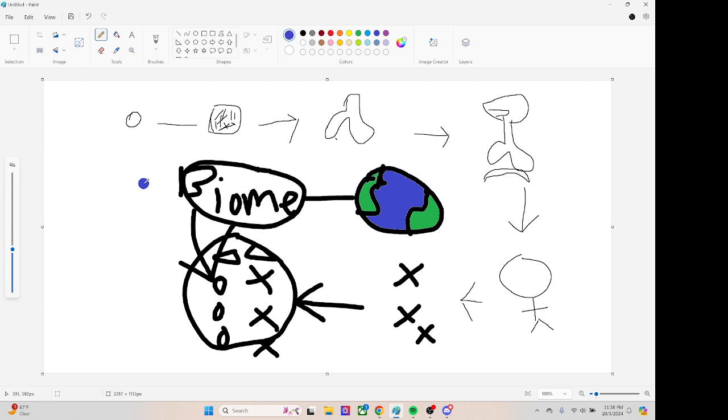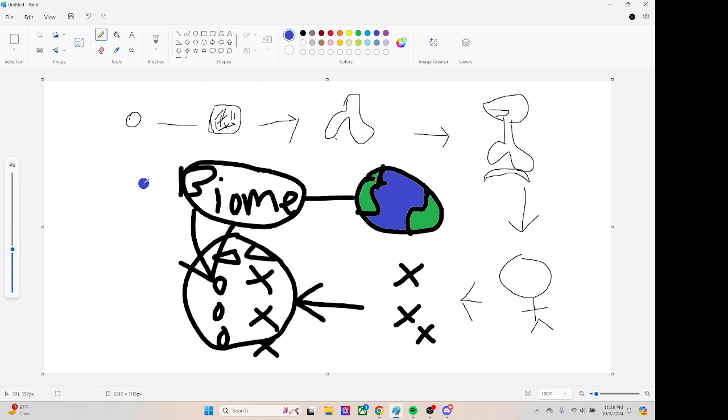So a population is a group of individuals of a single species that live in a specific area, right? A community is a bunch of organisms that live in a particular ecosystem. The ecosystem is all the living and non-living things in an area. That includes the rocks, the water, the trees.